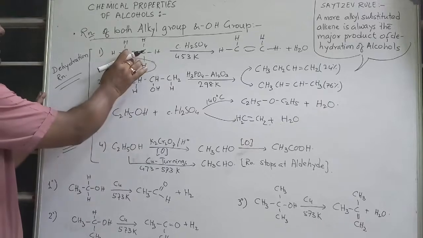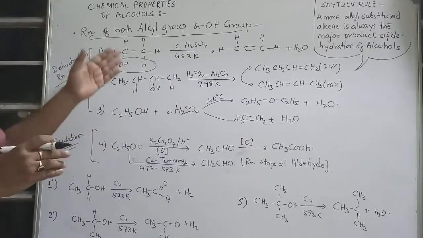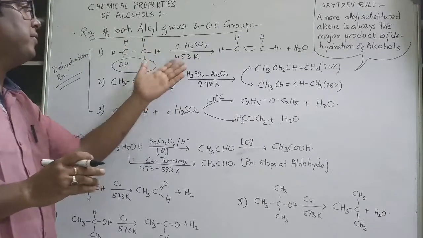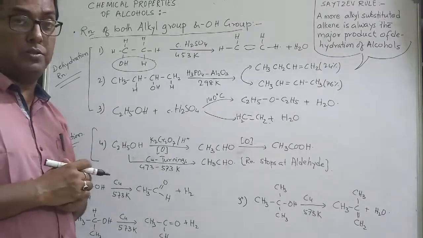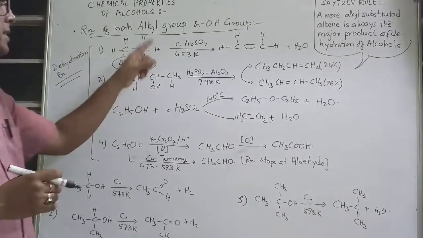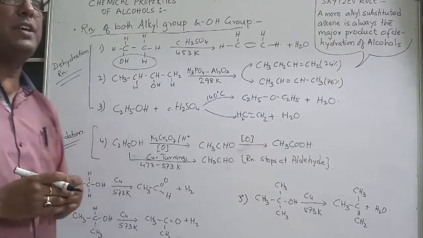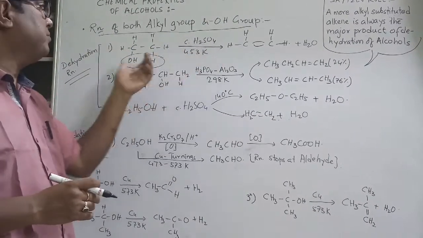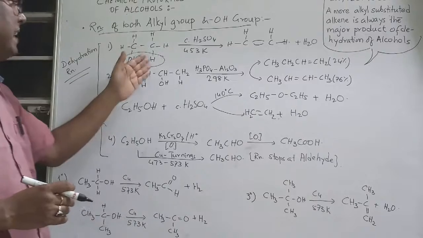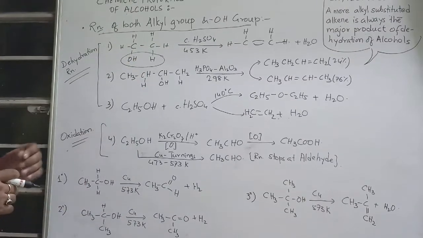So you have an alkene in this reaction when you use H2SO4 or anhydrous Al2O3 also. It will work. So concentrated H2SO4 or anhydrous Al2O3 will work to remove the water present within the alcohol and the alkyl group, the hydrogen part.